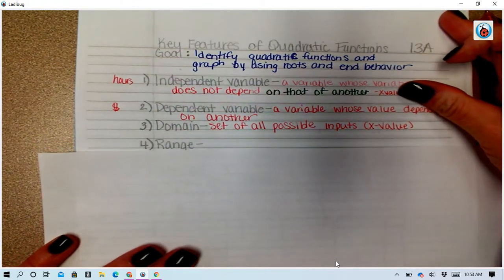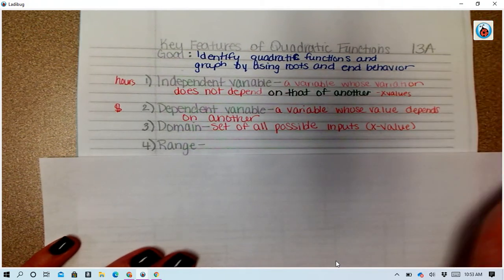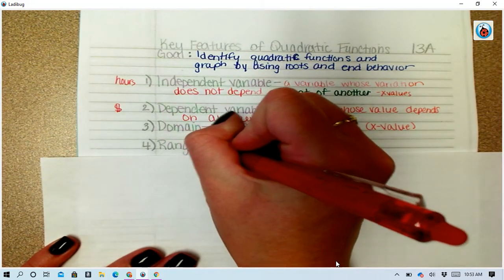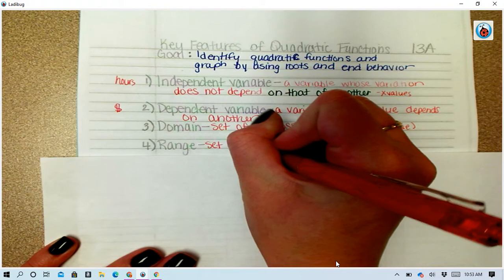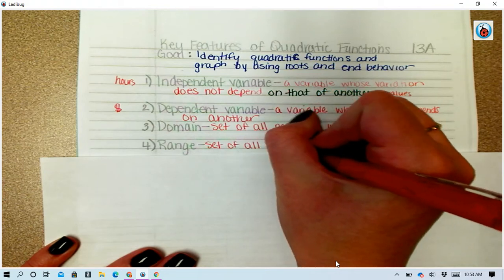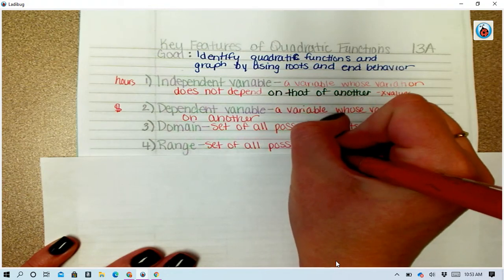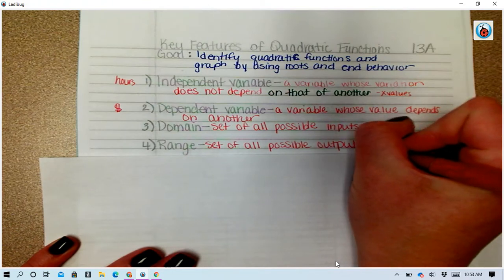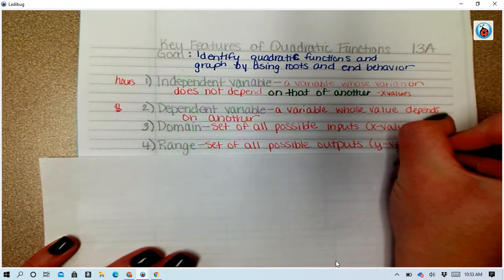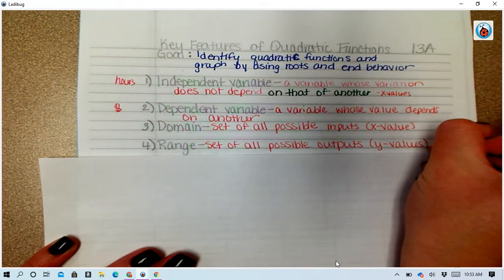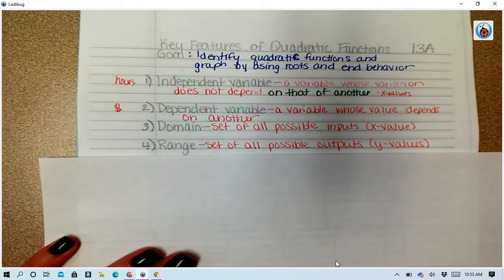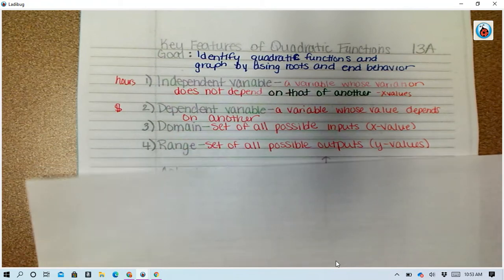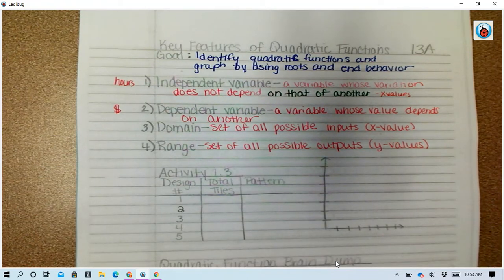And then your range is your set of all possible outputs, which are your y values. So make sure you have those definitions copied down.